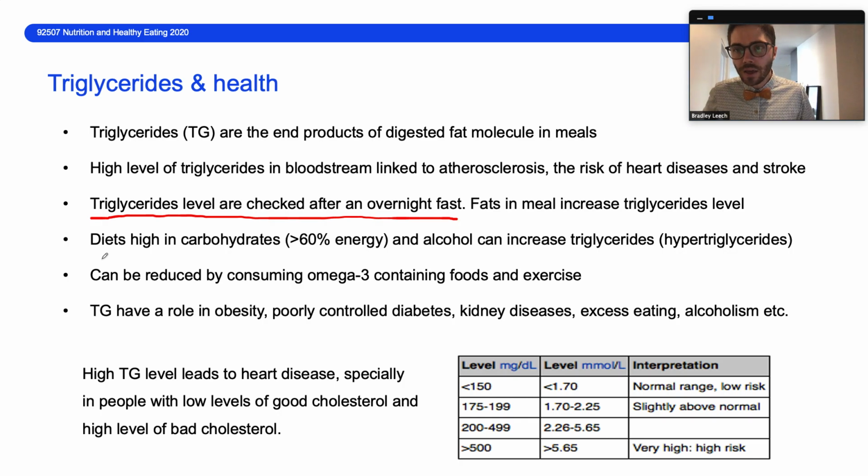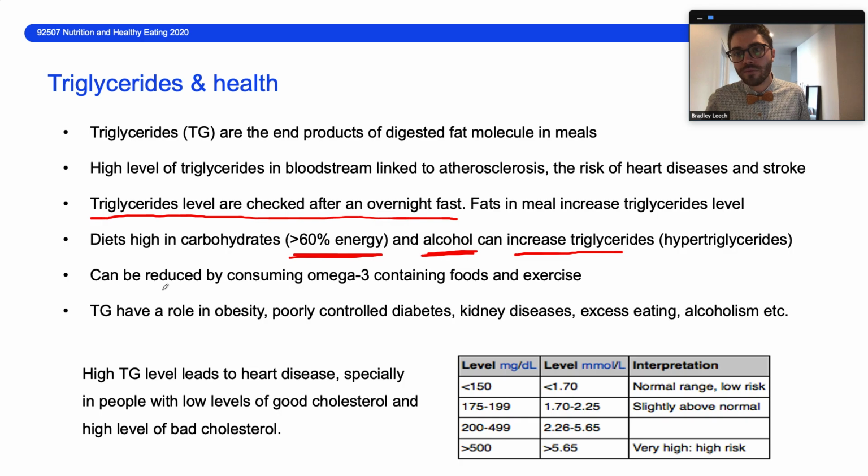Now, diets high in carbohydrates, so above that 60% of energy, and alcohol increase triglycerides. So it's not just fat that increases triglycerides, it's carbohydrates, alcohol, and fats. And that's how cholesterol is related to triglycerides as well. Now, look at this.